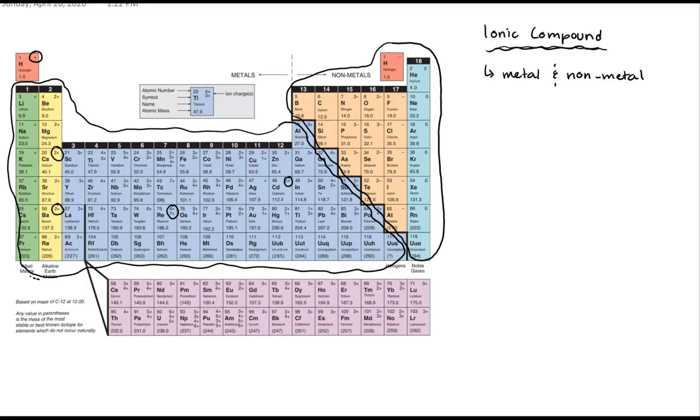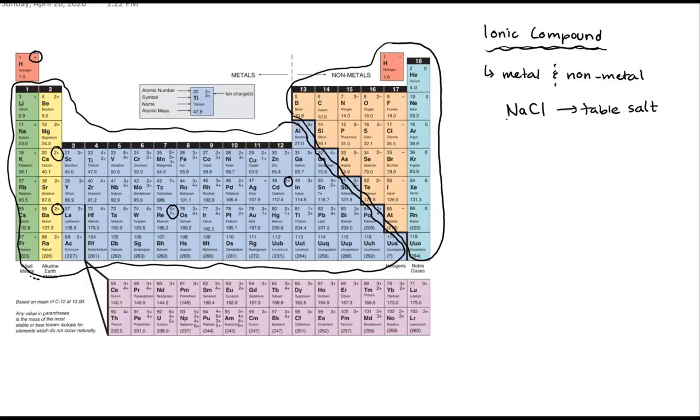All right. So ionic compounds, we always have a metal and a nonmetal, and it's important to note that the metal always goes first when we're writing an equation. For example, sodium chloride is just table salt, something you consume every single day and is actually quite important for our body to function properly.